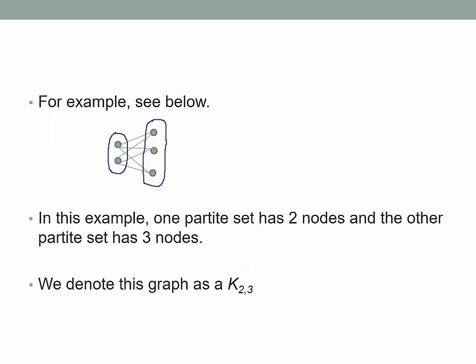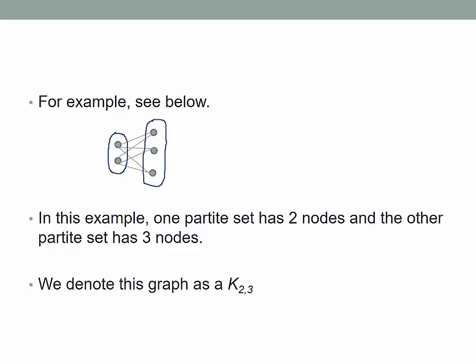For example, we have two partite sets below. This network has 5 nodes, 2 in one partite set, 3 in the other. We see the 2 nodes are not connected. We see the 3 are not connected, but every edge that can exist between the two partite sets exists.